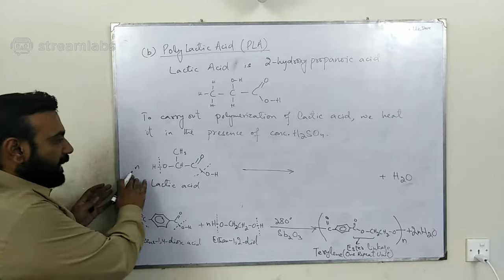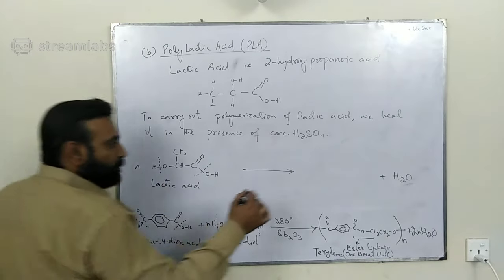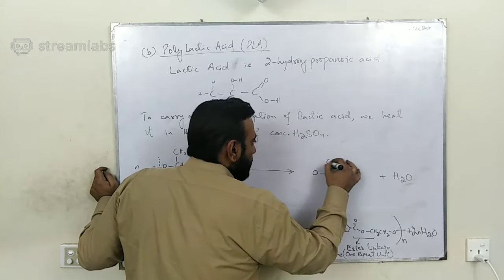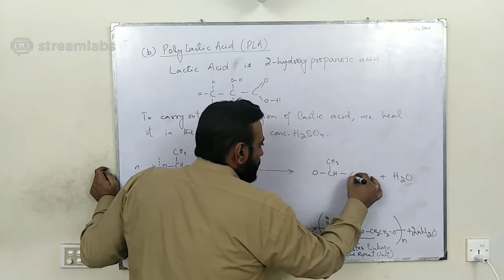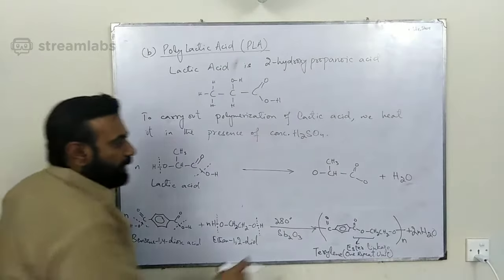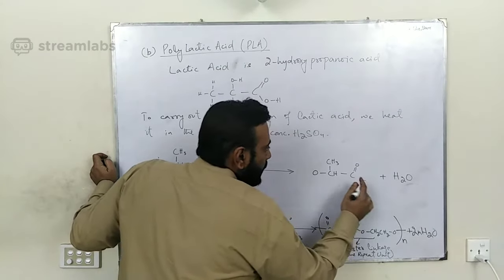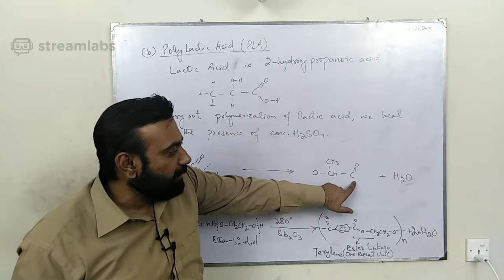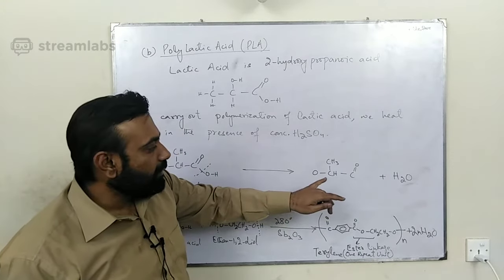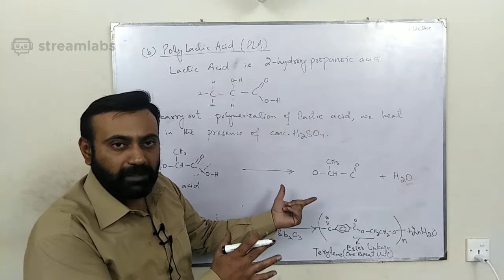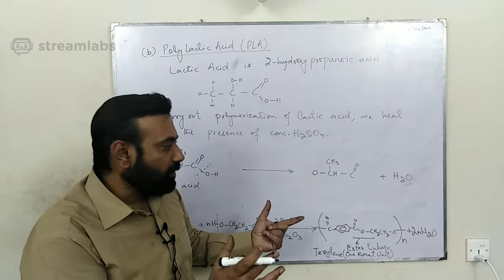Now, if these are n number of molecules, that means this bond has been broken. And this carbon atom has one bond vacant. It will form a bond with an oxygen next to it, this type of oxygen coming from the same structure.